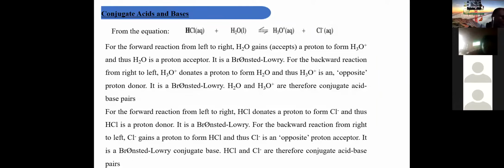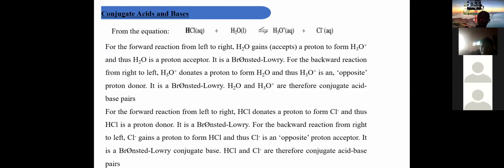If you look at this equation where HCl donates a proton to water, so water is acting as a Bronsted-Lowry base because it is accepting a proton from HCl. HCl is acting as a Bronsted-Lowry acid. That's in the forward reaction. So it gives you H3O plus aqueous plus Cl minus aqueous.